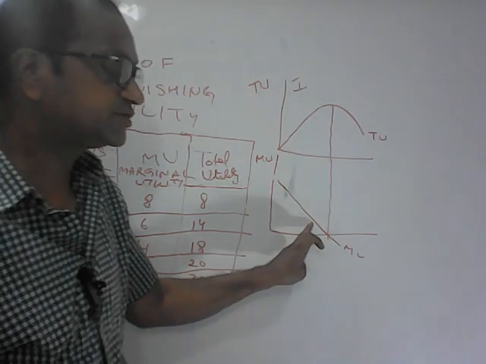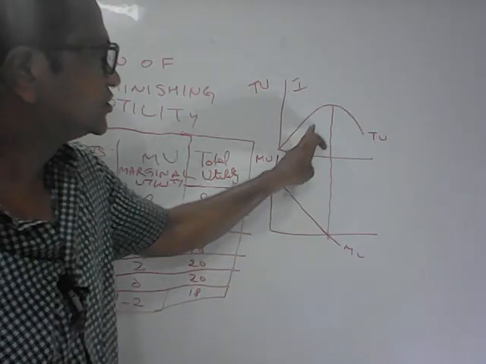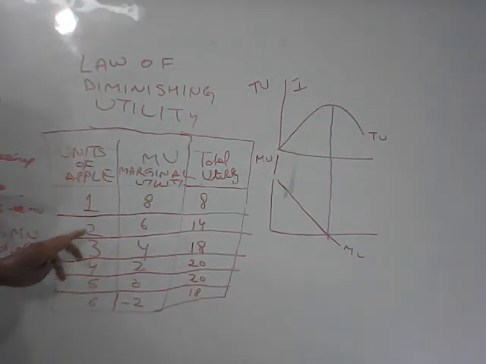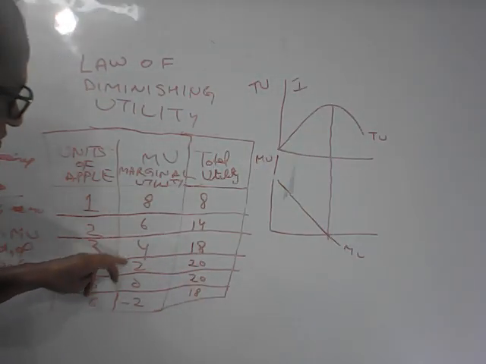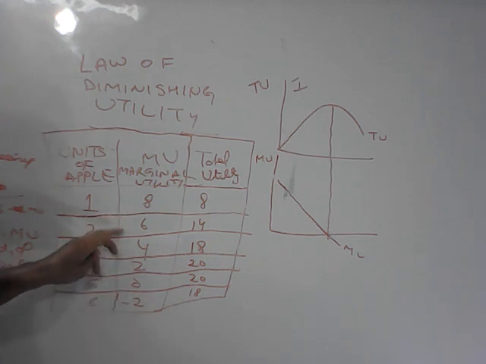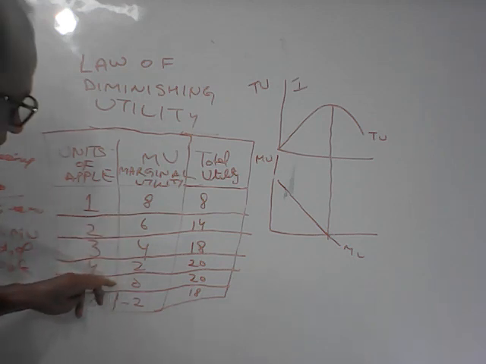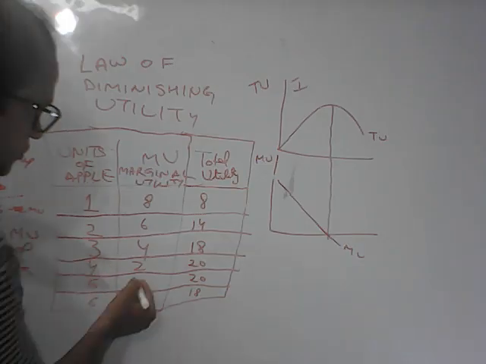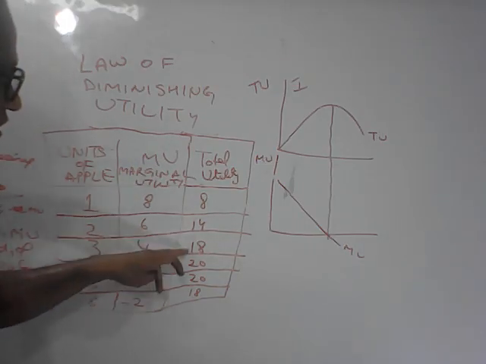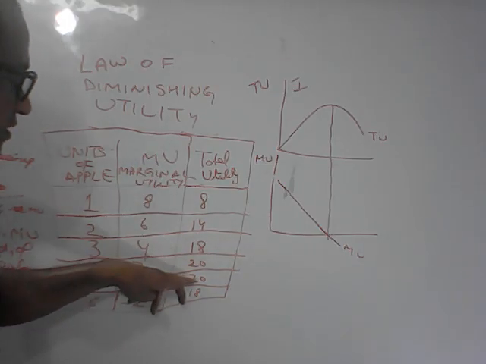When the marginal utility is decreasing, the total utility is maximizing. See the table. When the marginal utility is decreasing, it is 8, 6, 4, 2, and afterwards it becomes 0, when the total utility increases and it becomes maximum.